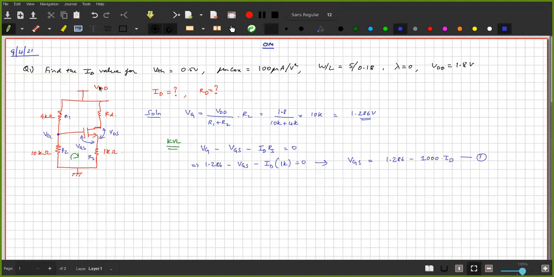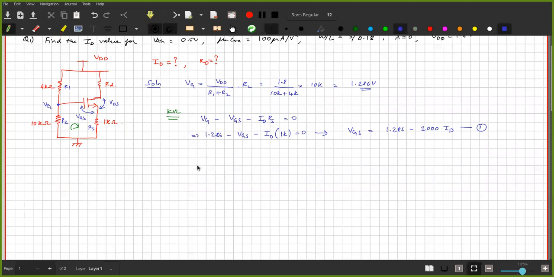So ID equals half mu n COX W by L into VGS minus VTH whole square. Some textbooks say VTH, some say VTN. All those are the same thing.